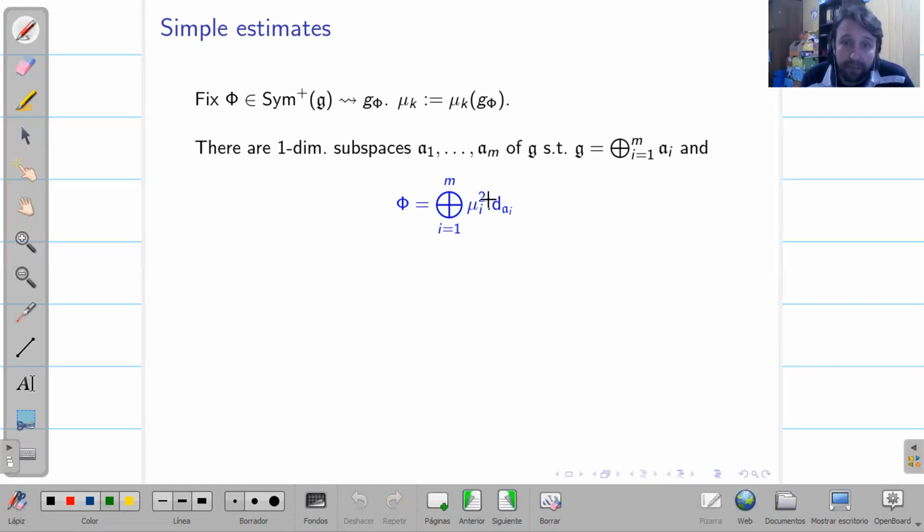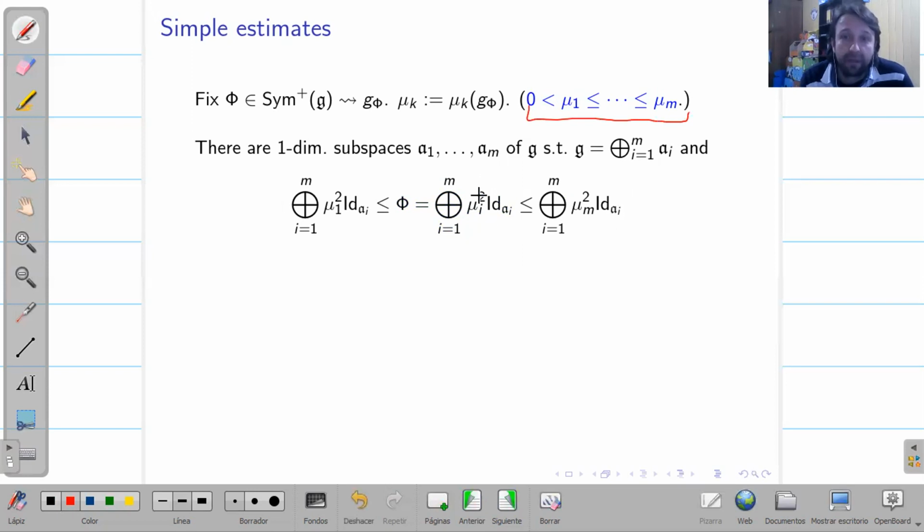Phi on this one-dimensional space is a multiple of the identity, and this is the eigenvalue. Remember that they are ordered, so mu i squared is less than or equal to mu m squared, and in the reverse direction, mu i squared is greater than or equal to mu 1 squared.